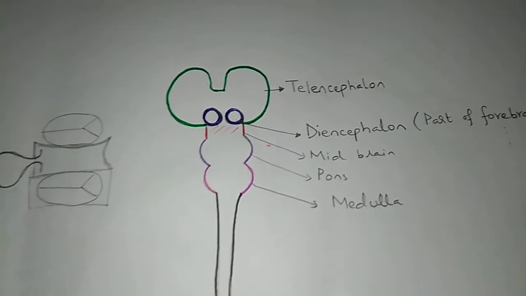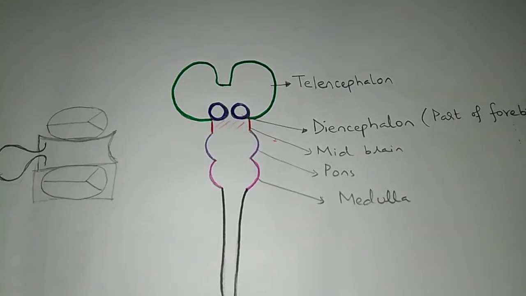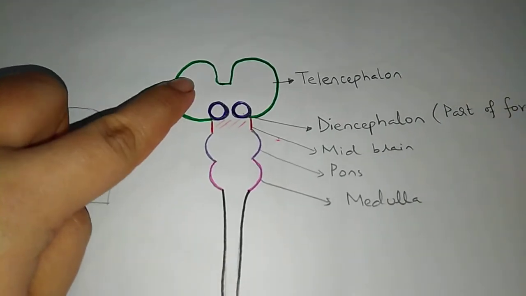All right, now what is the function of thalamus? Thalamus is actually connecting the cerebral hemisphere.